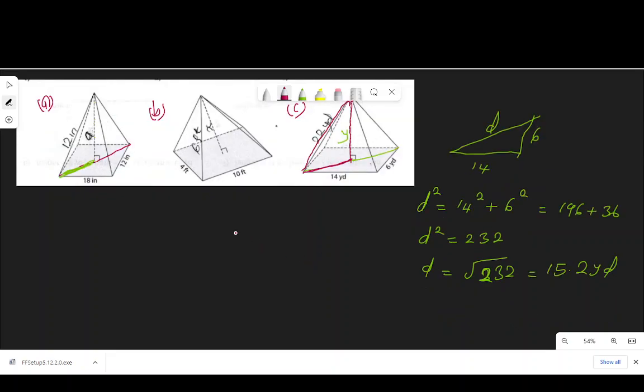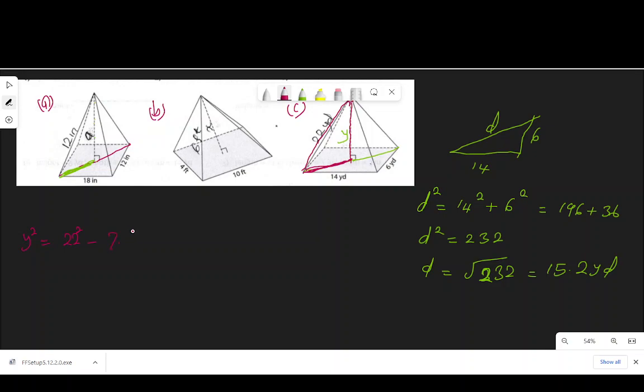So if we draw that, y squared is equal to this slant height, 22 squared, minus this side here, and this side is half of the diagonal that we calculated. Half of 15.2 is 7.6. Yes, 7.6.